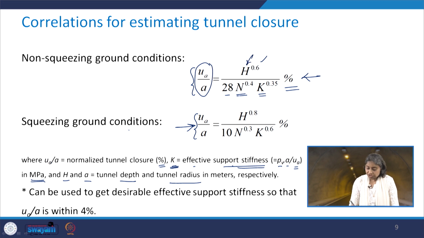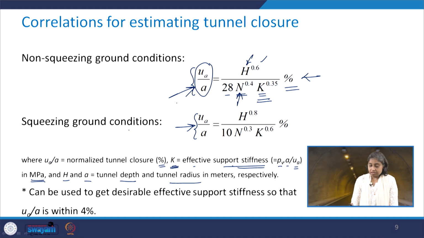I know H, I know N. So using this expression, I can find out what will be the required stiffness of the support system, so that the closure or the normalized closure is limited to that much percentage which I am giving as input here.